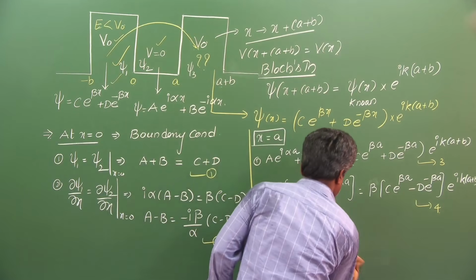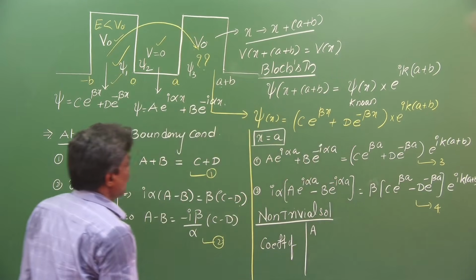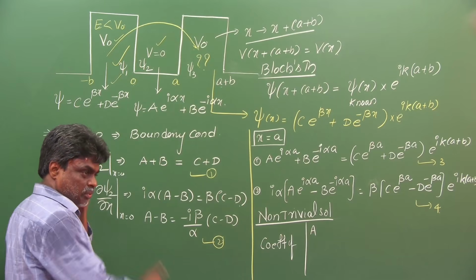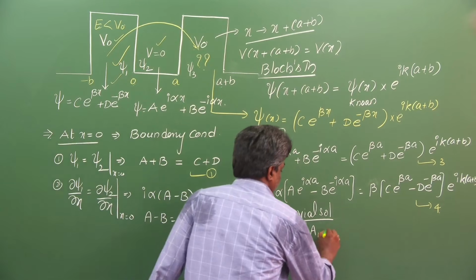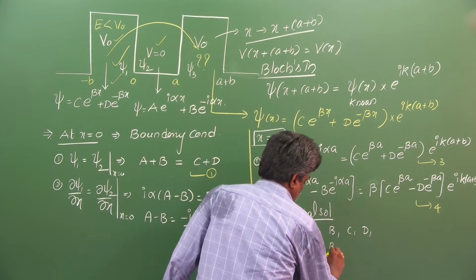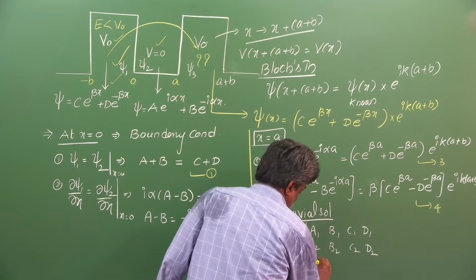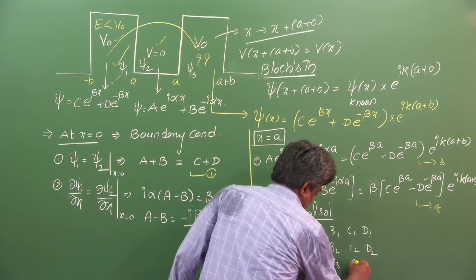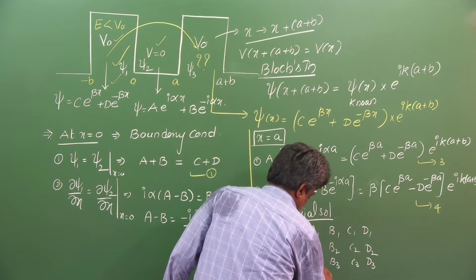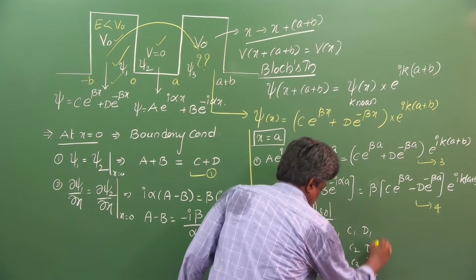So 4 equations, A, B, C, D: A1, B1, C1, D1, A2, B2, C2, D2. I thought that it's only 2 by 2. No, sorry. A3, B3, C3, D3, A4, B4, C4, D4.